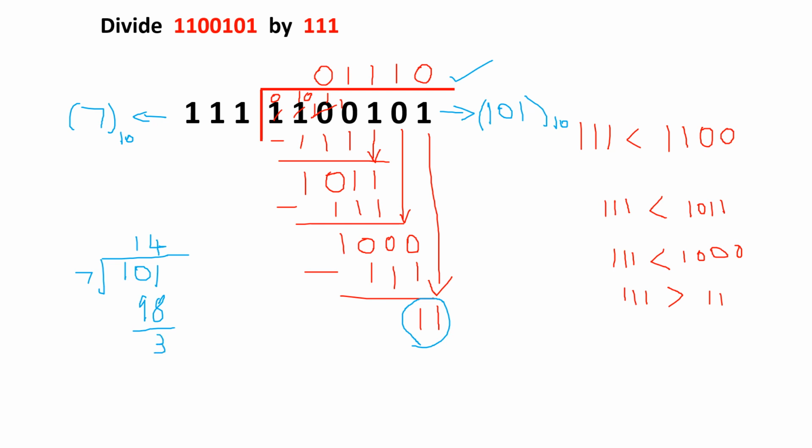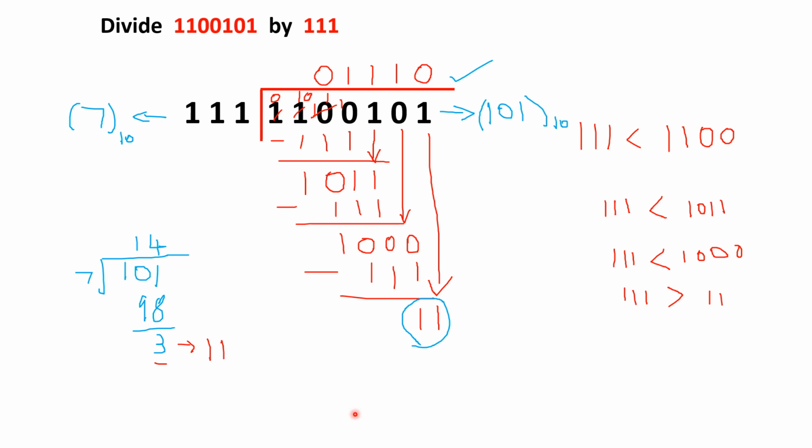So here quotient is 14 and remainder is 3. So the remainder 3 in binary form is 11. So that is what we got here.